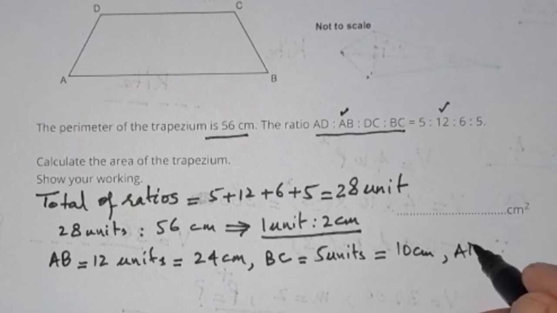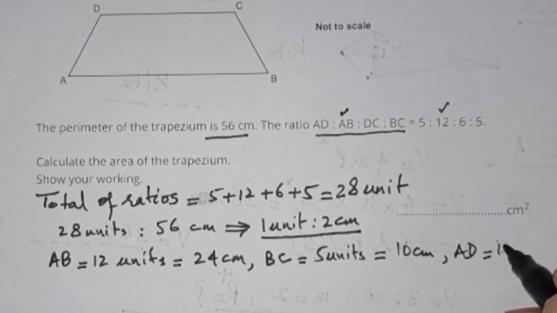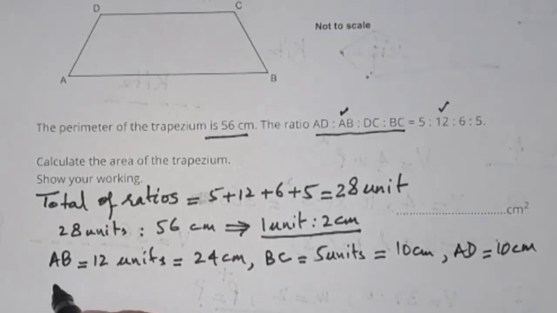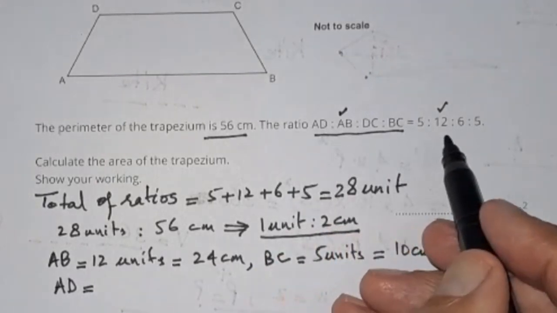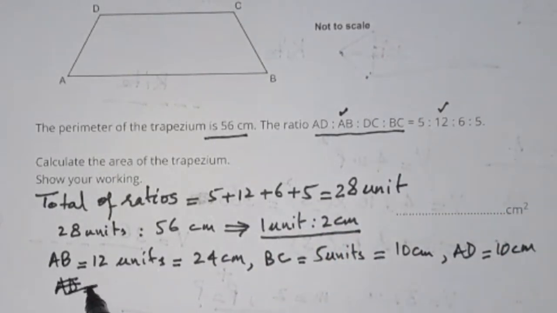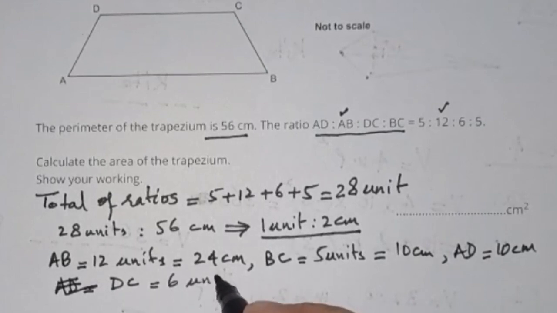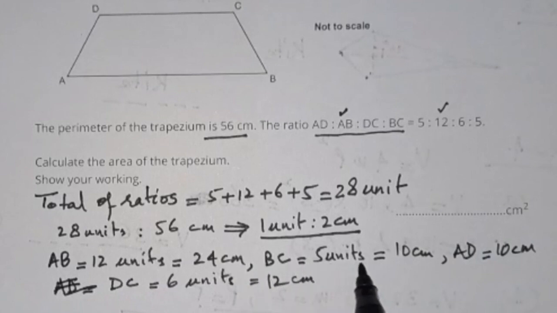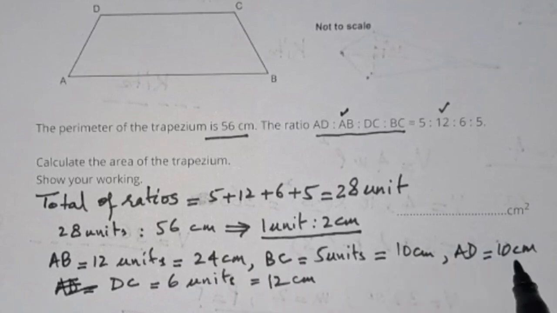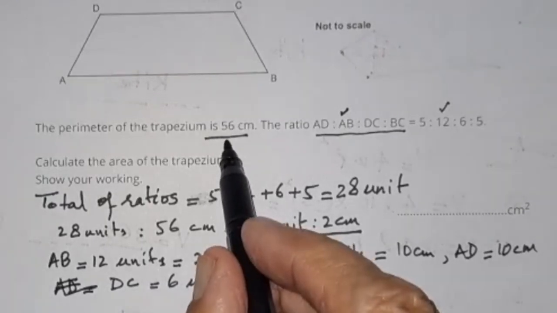AD is also 10 centimeter because it is also 5 units, and DC is equal to 6 units, equal to 12 centimeters. So when we add them up, 24 and 10, 34, and 10, 44, and 12, 56 centimeter, we are already there.